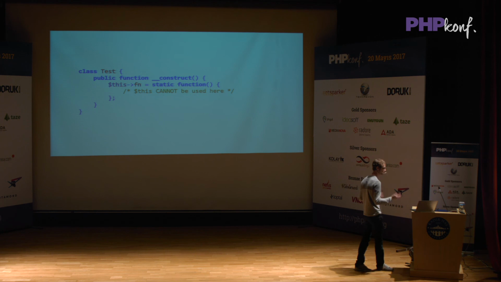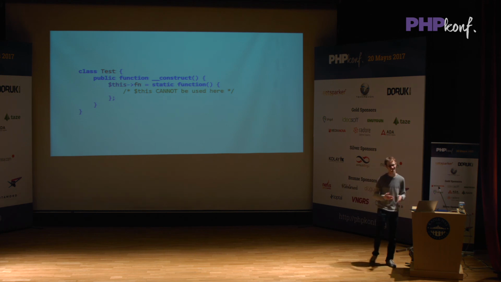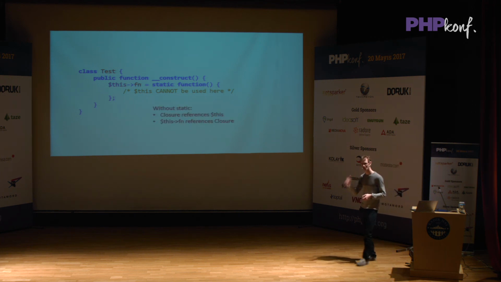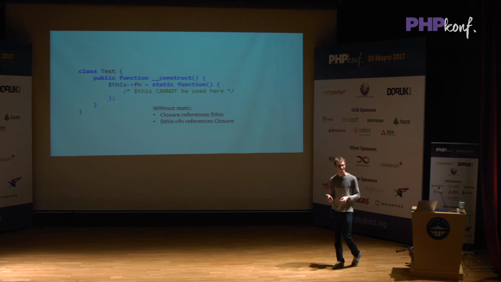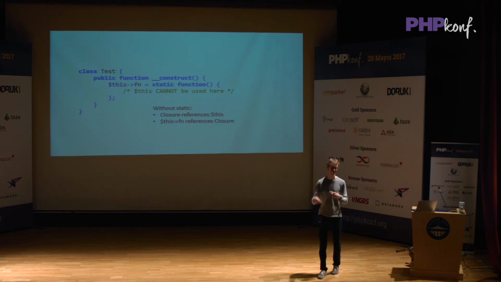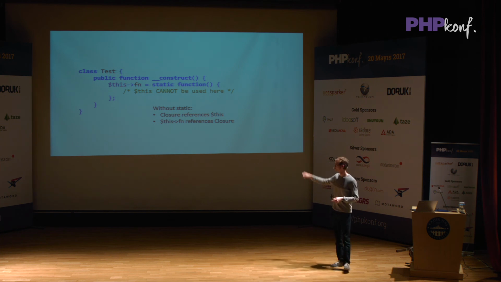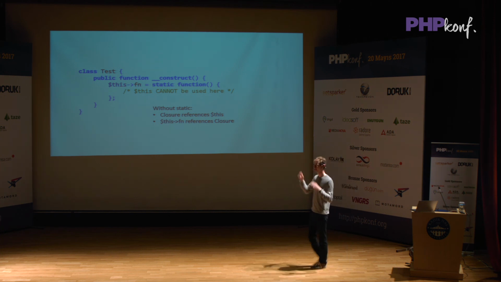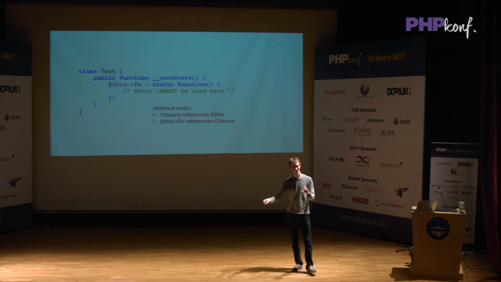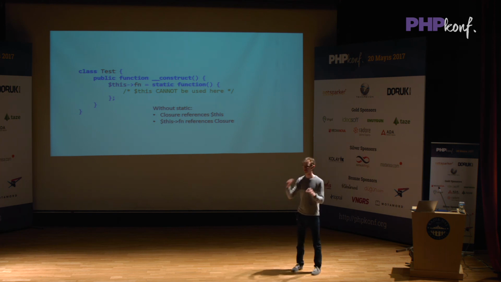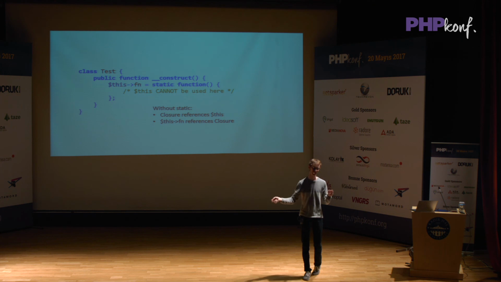So the question is, why do you want to do that? I mean, if you don't want to use it, just don't use it. And there is, I think, exactly one use case for this, and that's to avoid circular references. If we don't have the static here, then the closure references the this value, and the this value has the closure inside the property.